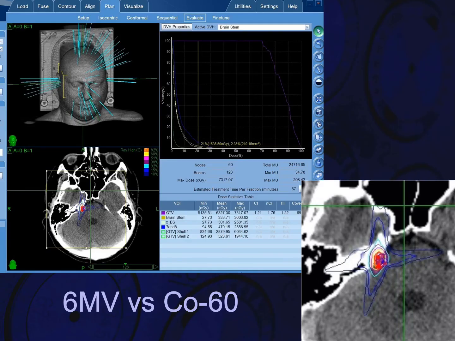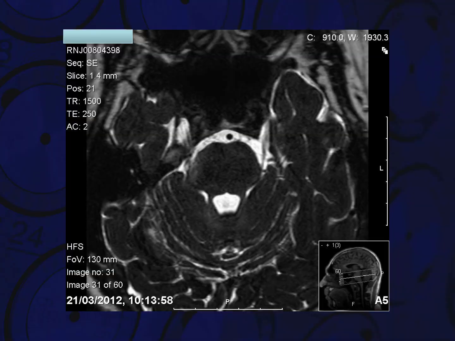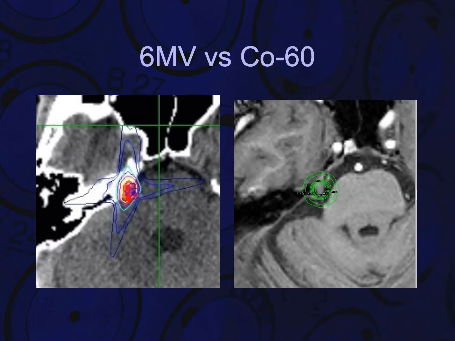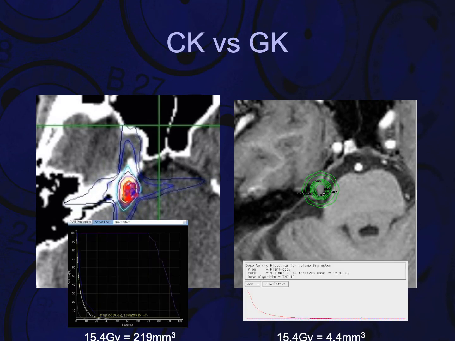So here's an example. This is a patient treated for trigeminal neuralgia with a 6 MV Cyberknife. We saw this patient due to some complications that developed. And if we compare this treatment plan with that delivered with a Gamma Knife, which has the lower energy cobalt radiation, and then we look at some lower isodose lines, we can see a significant difference.